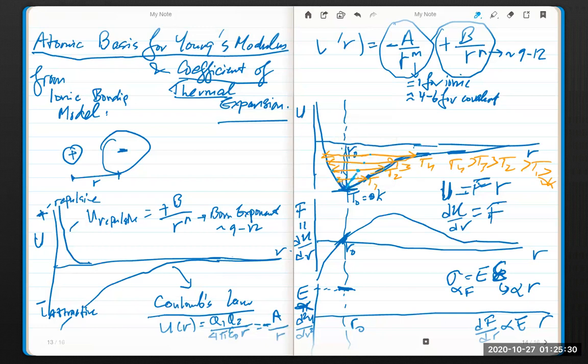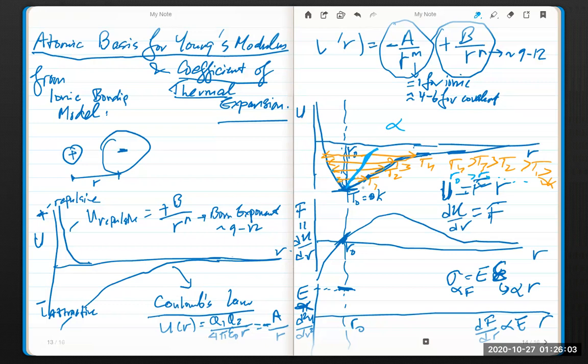Therefore, with increasing temperature, sorry I'm not drawing this right, the R naught, the equilibrium separation distance or interatomic distance, increases with temperature. So the R naught at T4 is bigger than the R naught at T3 and so on. That's the basis of the coefficient of thermal expansion. So increasing temperature increases the interatomic distance of the whole material, metals or ceramics or polymers and so on. Hopefully that makes sense to you.